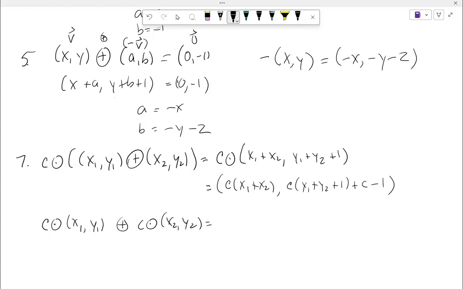All right. So when we do this one now, multiply the c times the x1, y1. What do you get? Okay. And in the second one, we get the same thing, just with 2's rather than 1's. We agree?